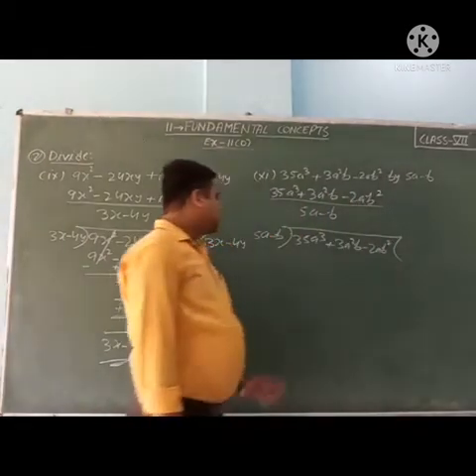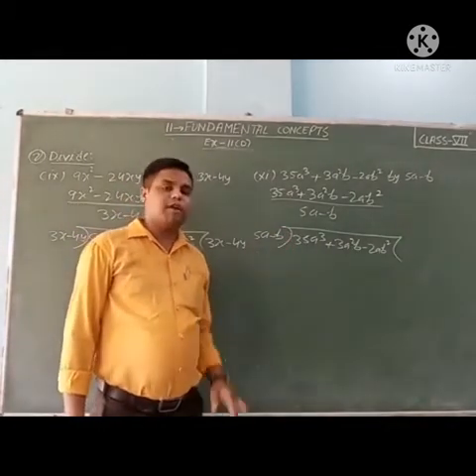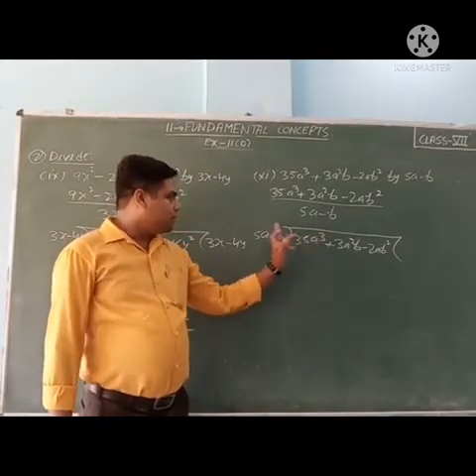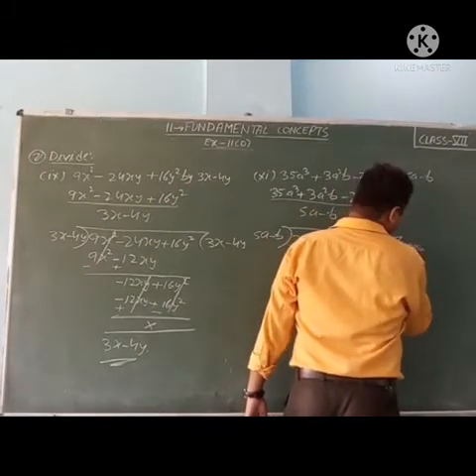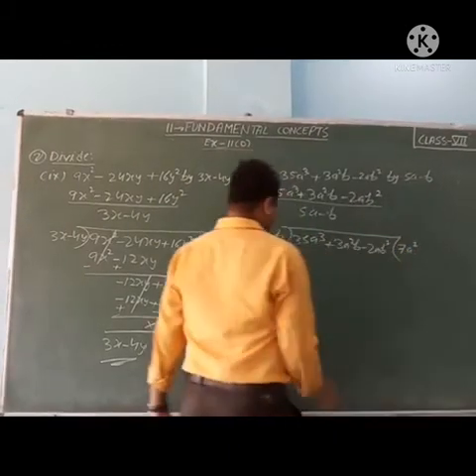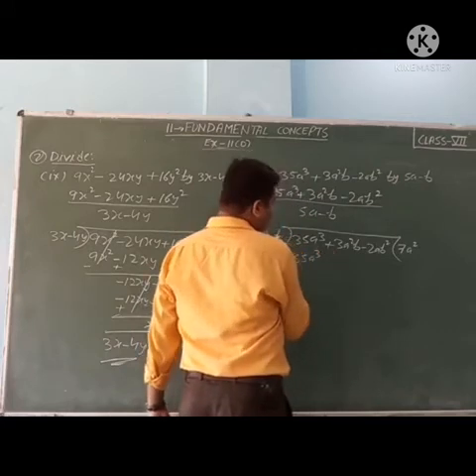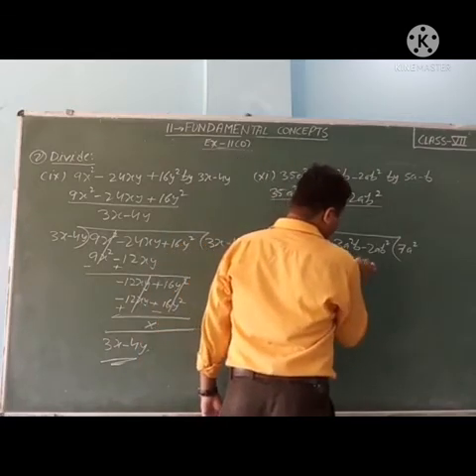So student, by which number or term we have to multiply 5a, that will become 35a cube. So 5 sevens are 35. Here power 3, here 1. It means 7a square. So it will come 35a cube minus plus minus 7a square b.